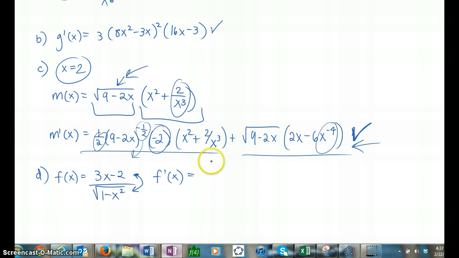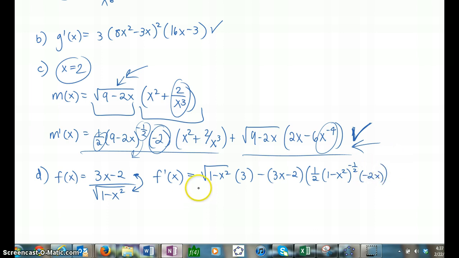So low d high minus high d low, we know that's going to be 1/2, it's 1 minus x squared to the negative half, and then I'll have to multiply that by the derivative of the inside, which is negative 2x. And then that's all over low low.